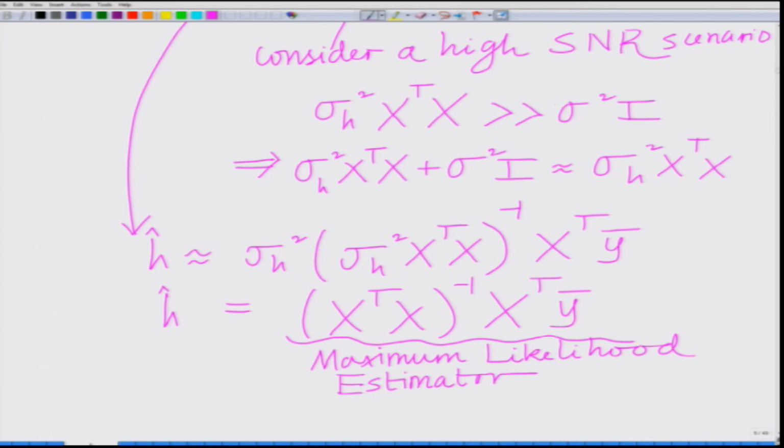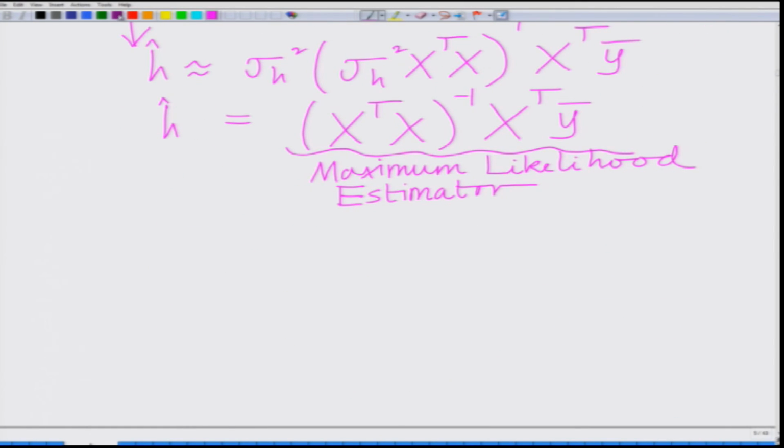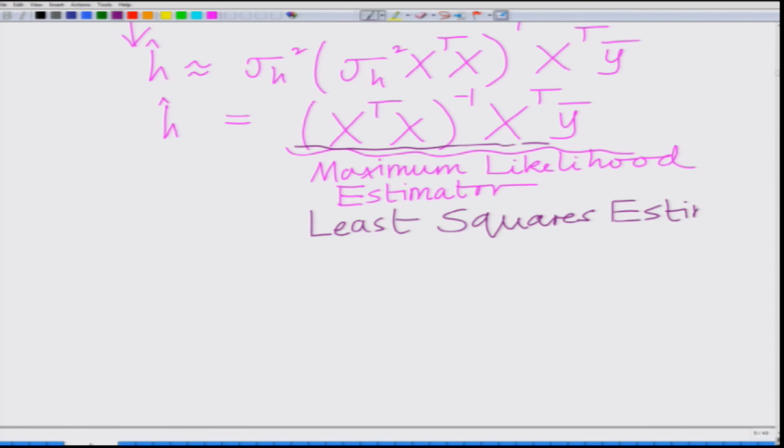This is also known as the least squares estimator, or LS for short.